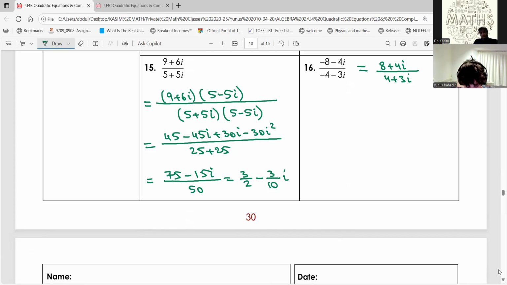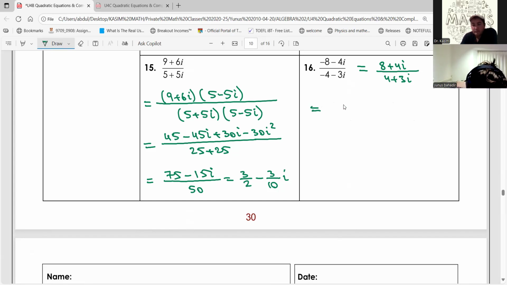Numerator: 44 minus 8i. Okay, the denominator is 25, right? Yes. So I'm saying 44 over 25, then minus 8 over 25 i.